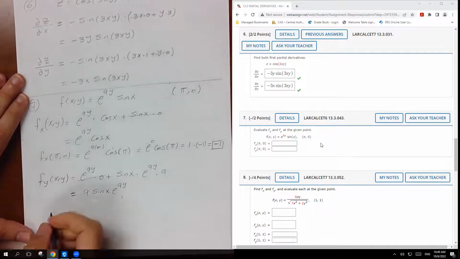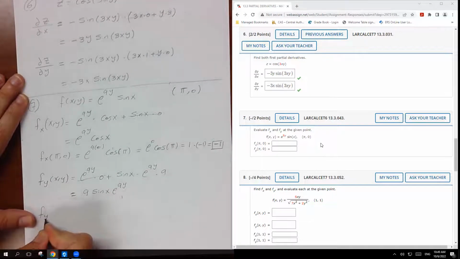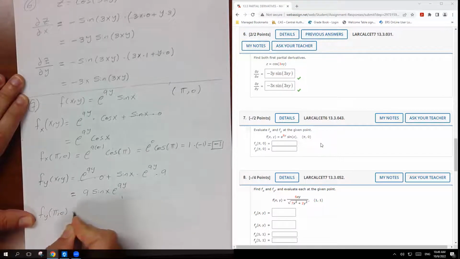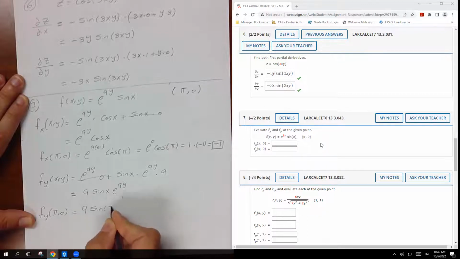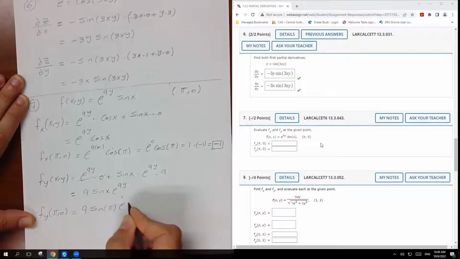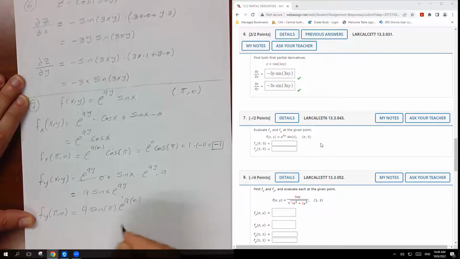Next step, we're going to evaluate at the point (pi, 0). So it's going to be 9 sine of pi times e to the 9 times 0.